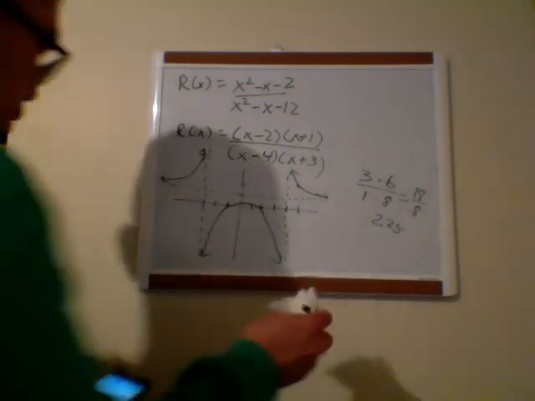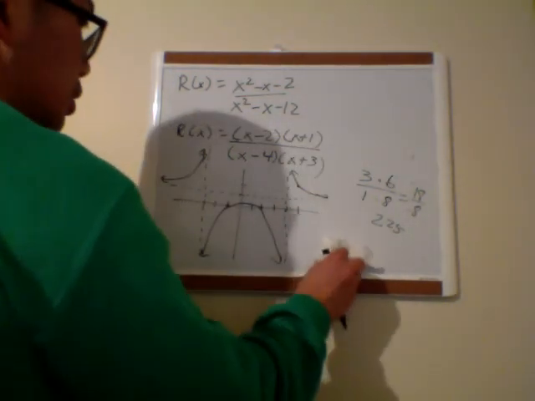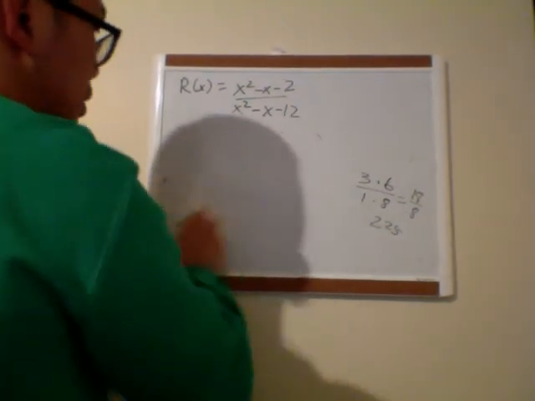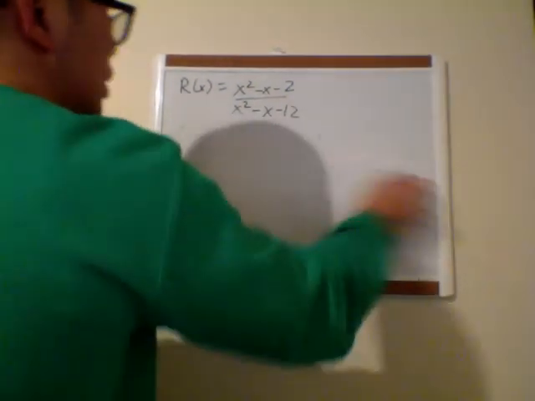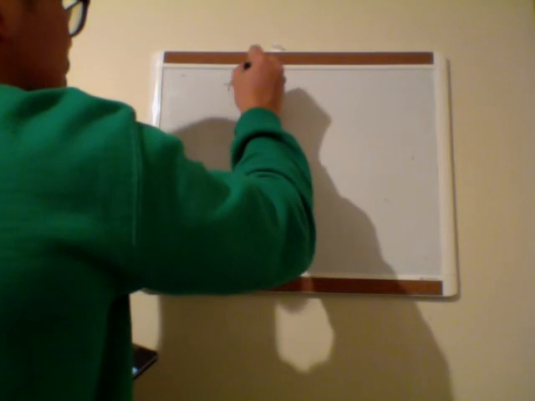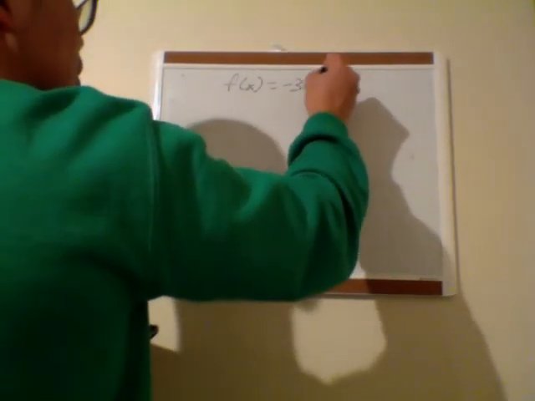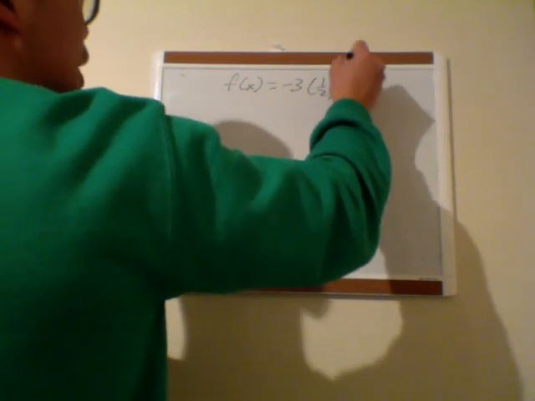So the exponential is f of x is equal to -3 (1/2)^(x+3).